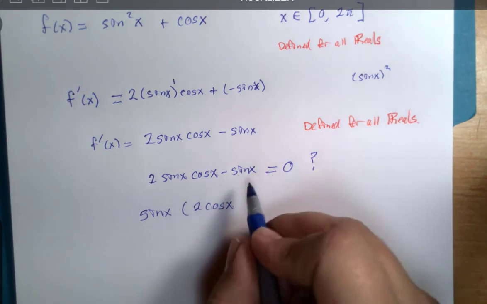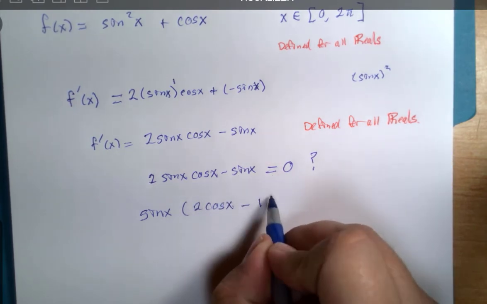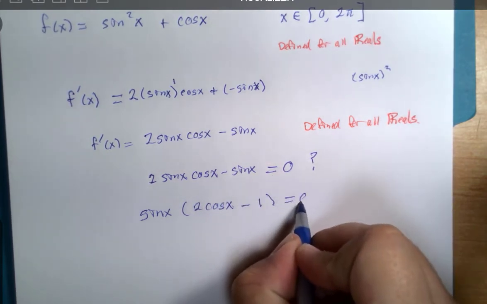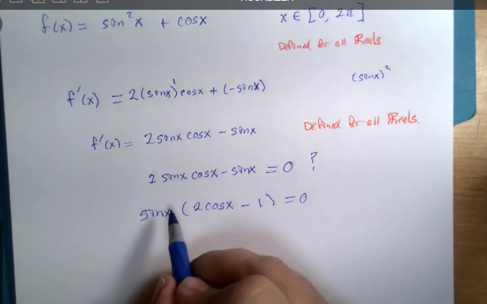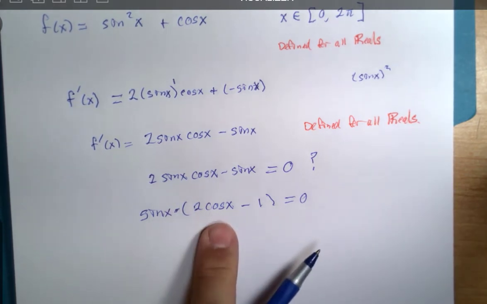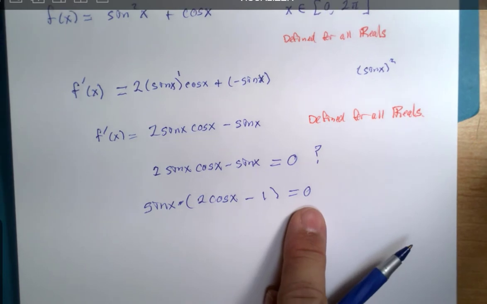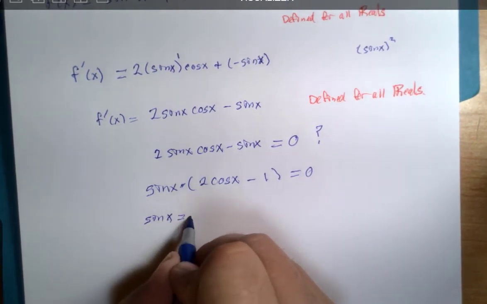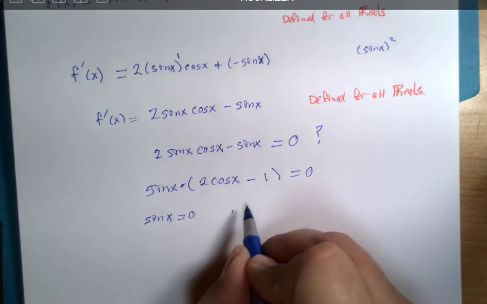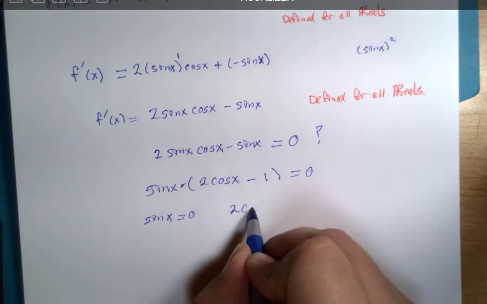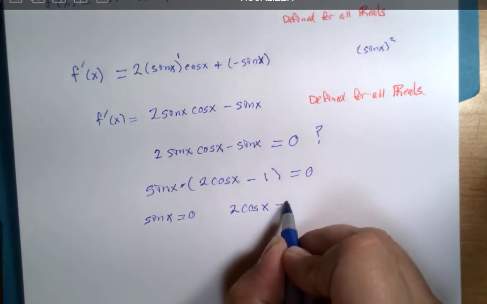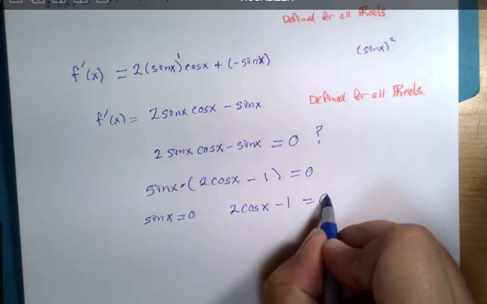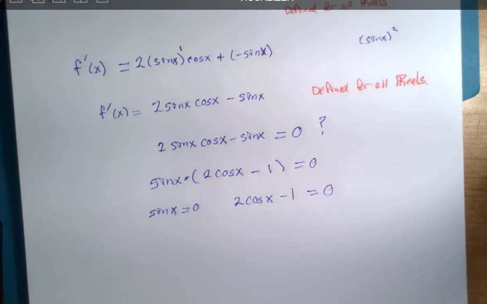If I factor out the sine, I guess that leaves me cosine x minus 1 here. And when you are multiplying and the product is equal to 0, that means either the first factor is 0 or the second factor is 0, since there's only 2 factors here.